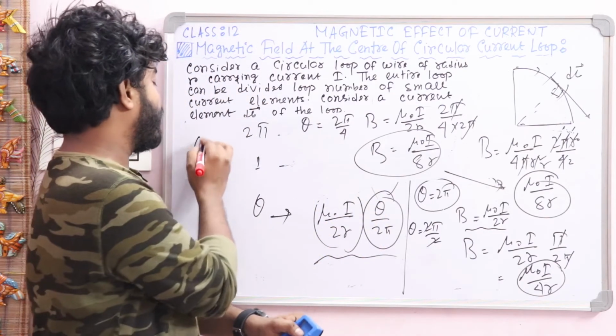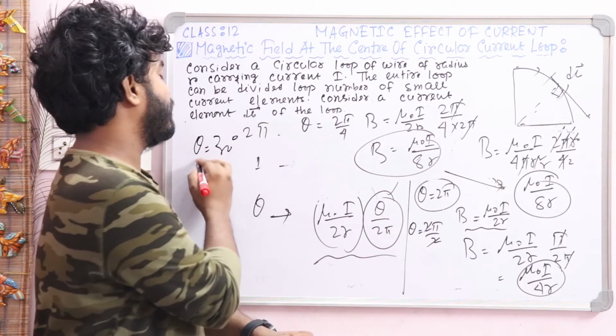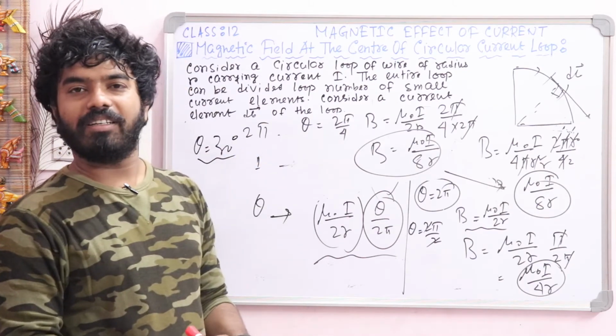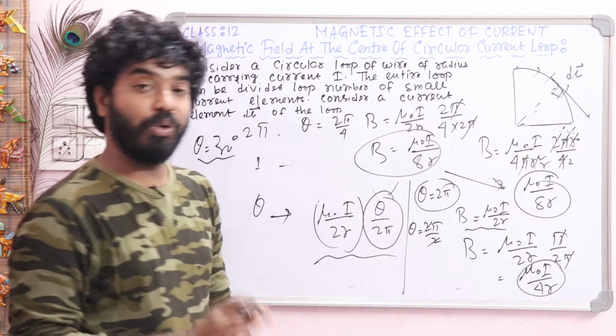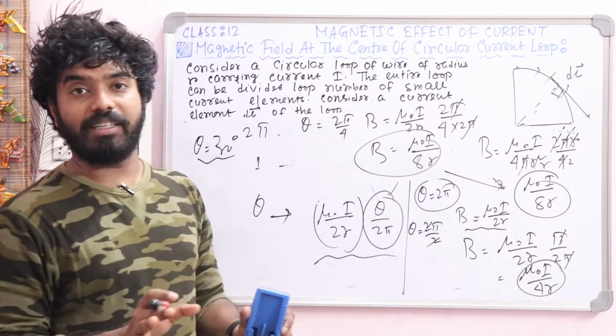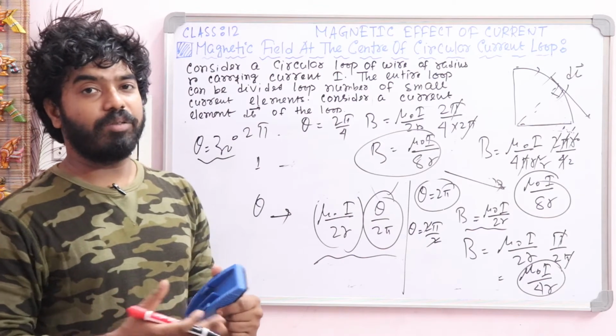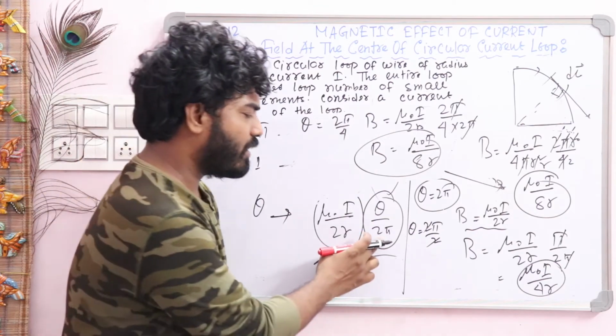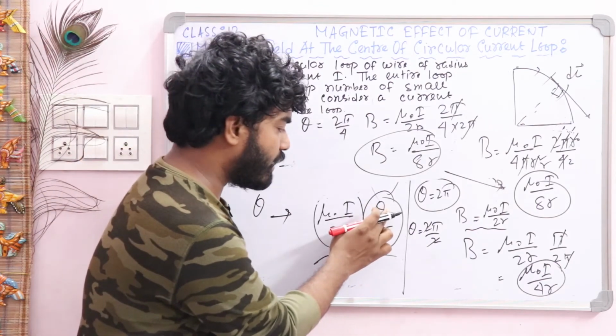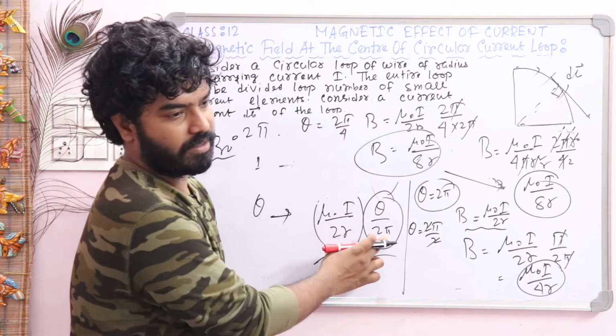Suppose you have to find out for 30 degrees. So what will be the answer? Do you use 30 here? No. You have to convert 30 into radians. Or you can use another concept, that 2 pi is 360. If we use 30 here, you have to write 360.